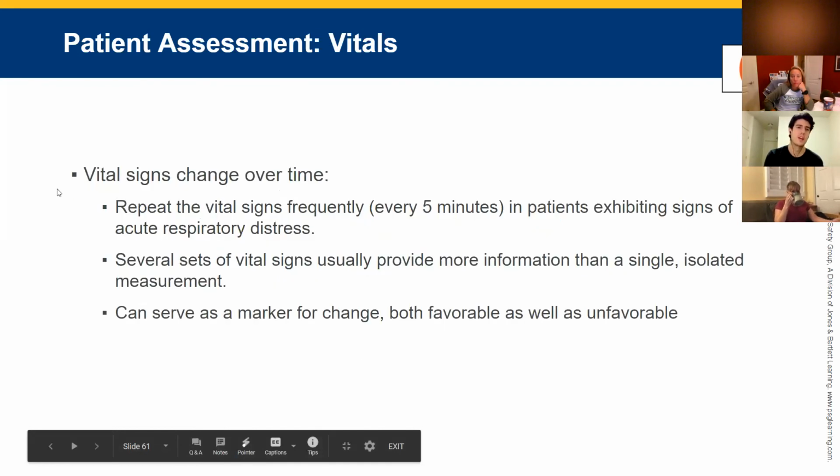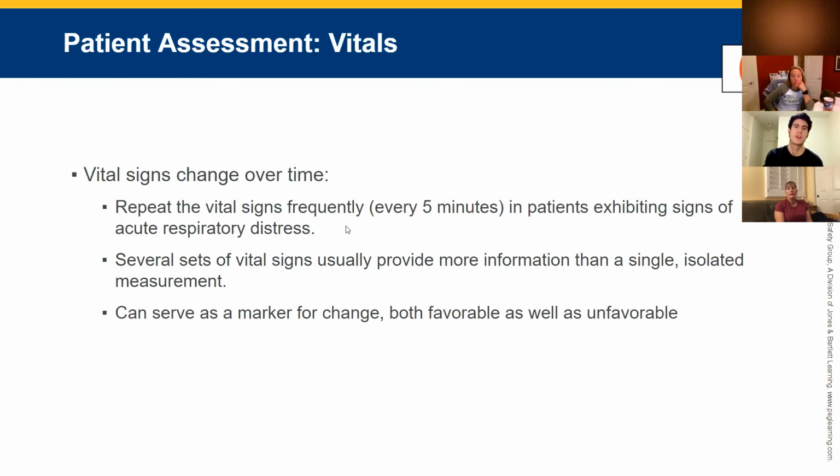All right. Vital signs change over time, so of course, repeat your vitals. How often do we reassess a critical patient versus a stable patient? 5 minutes versus 15. Perfect. 5 for a critical patient, 15 for a stable patient. Airway complaints are going to count as critical patients.